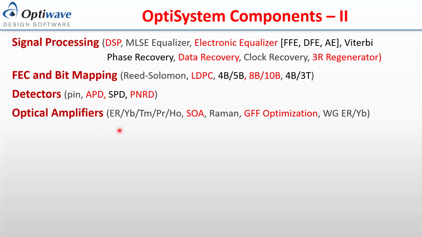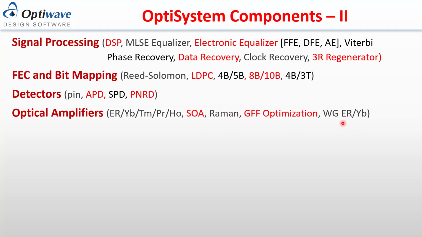Optical amplifiers, we have a huge library of doped fiber components, with which you can build your own amplifier from scratch using the doped material, so erbium, ytterbium, or co-doped erbium-ytterbium, or doubly clad erbium-ytterbium. There is thulium, praseodymium, holmium. There are other modules, gain blocks. There is a semiconductor optical amplifier, Raman amplifier.